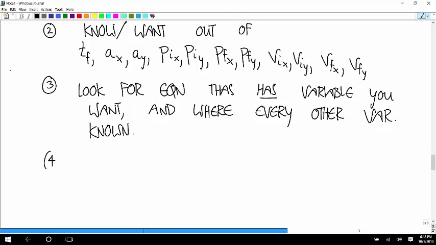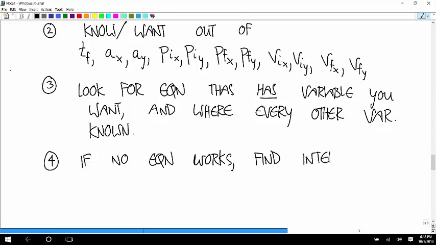It's going to happen more often in 2D. So I'm going to call it step 4. And if no equation works, find an intermediate variable. And the good news is this intermediate variable is almost always going to be time final.